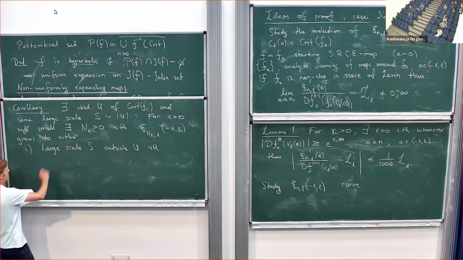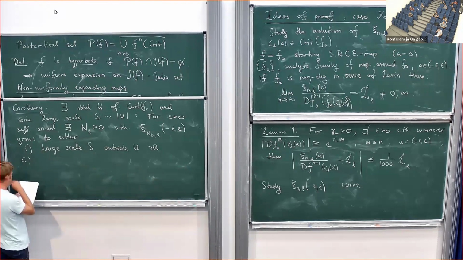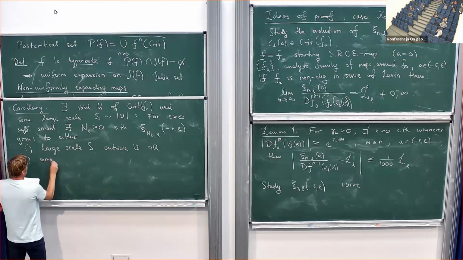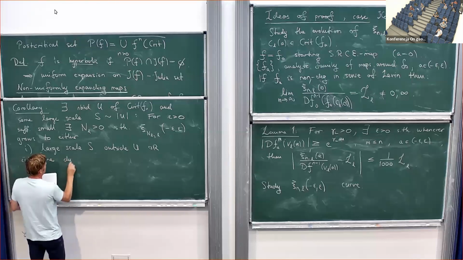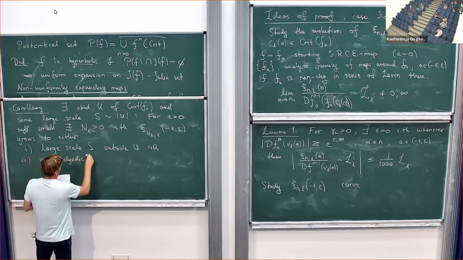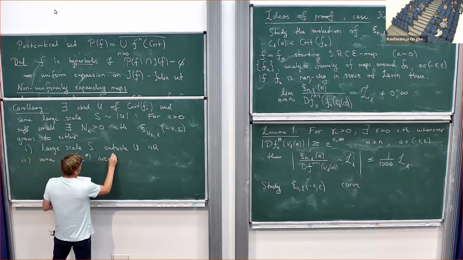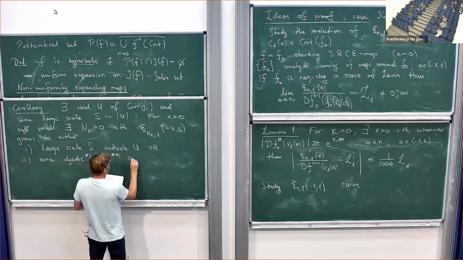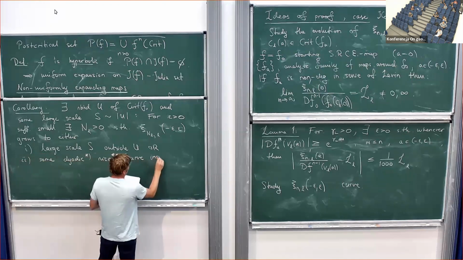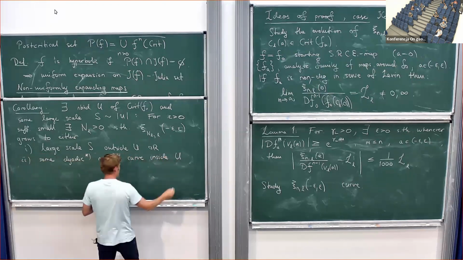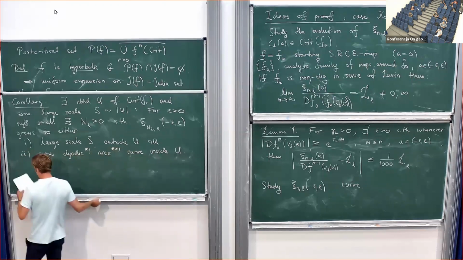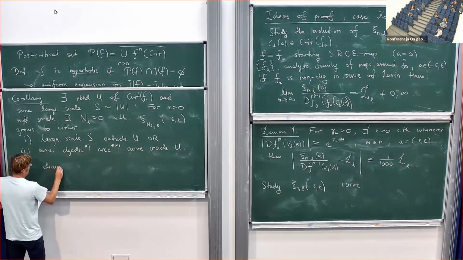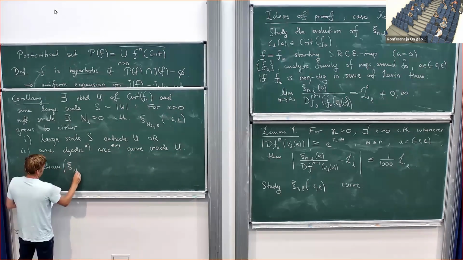So either that or it goes to some dyadic or Whitney, dyadic nice curve inside U. And what does this mean? Well, dyadic means that there is some comparison of the diameter of this curve psi n l comma l.